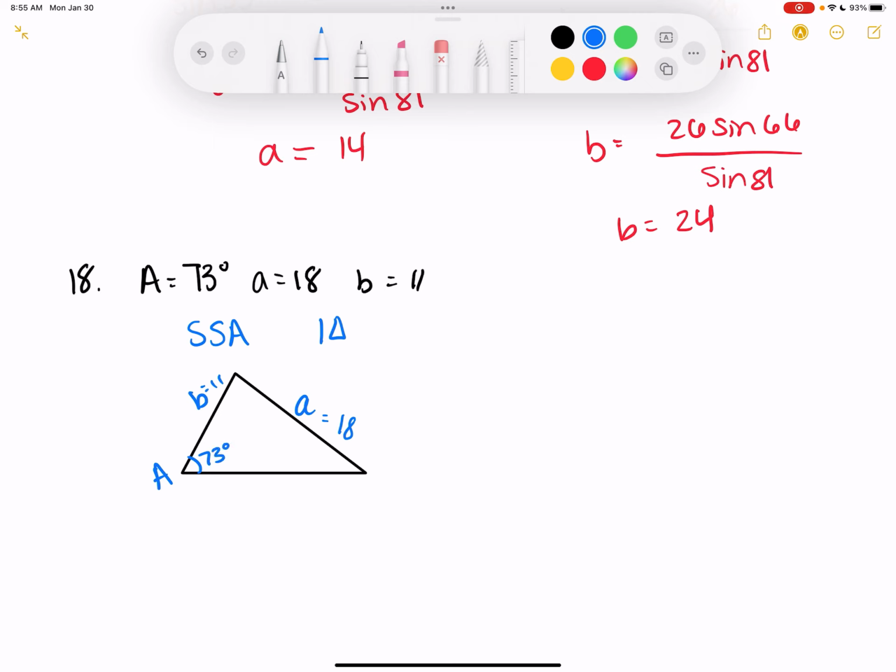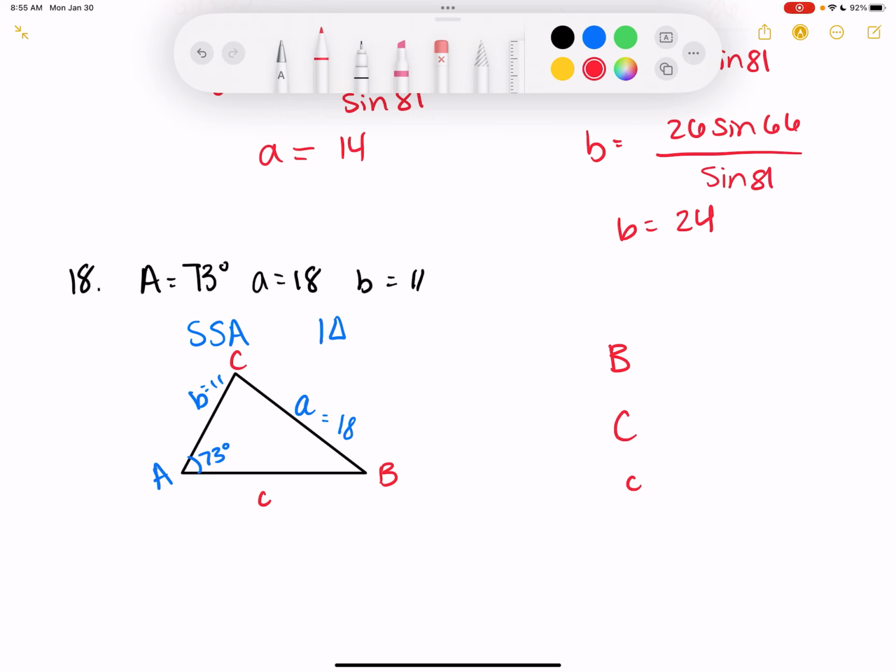Now this one is going to require a lot more of law of sines because I only have one angle given, so I can't just imply the other angle. So I'm going to have to solve for angle B, angle C, and side C. So those are the things I'm solving for.